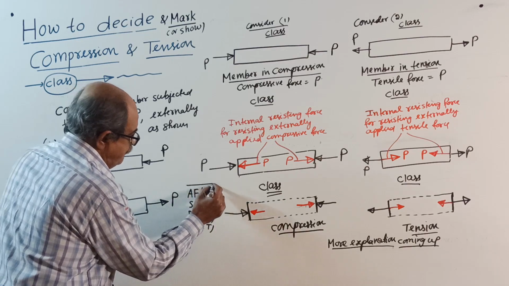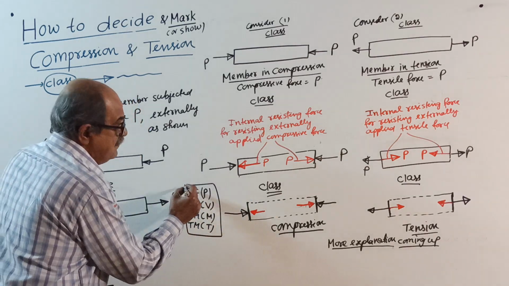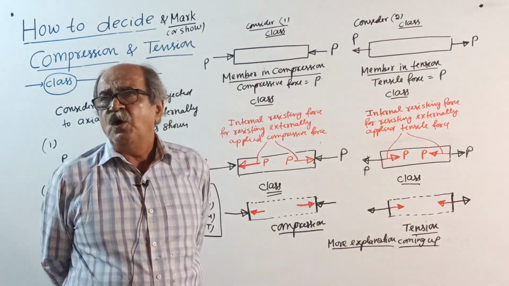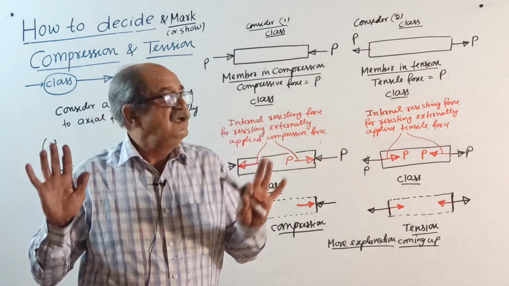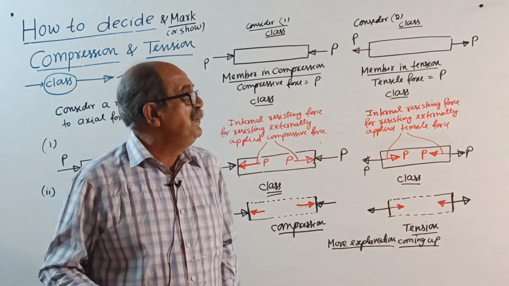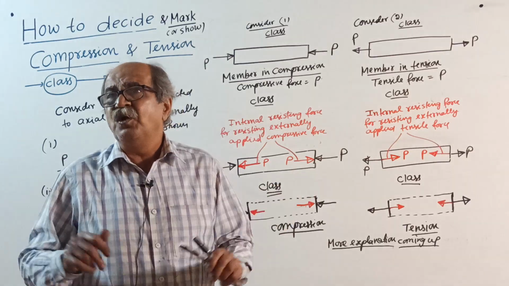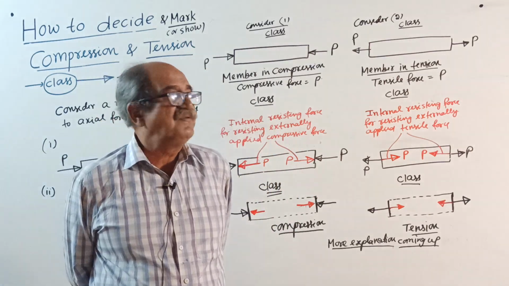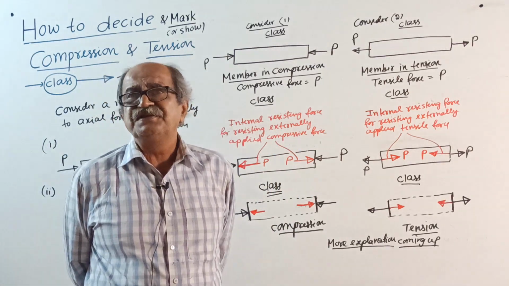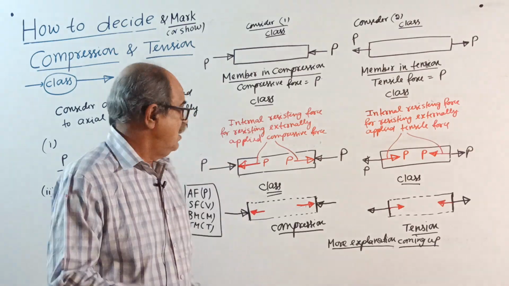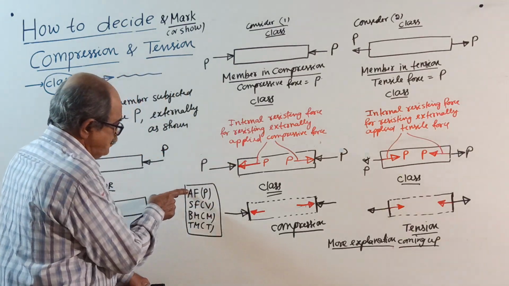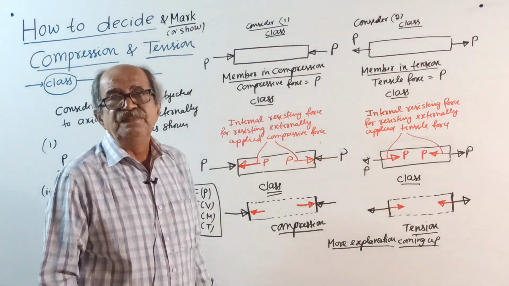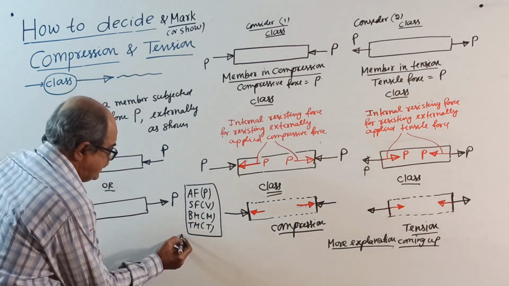The symbol is T. These are the backbone, required for design purposes. When you design a structural member, you design for resisting axial force, shear force, bending moment and twisting moment. These are called section forces.